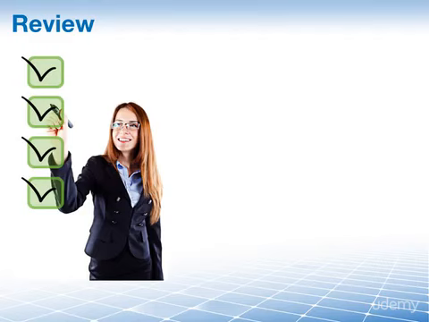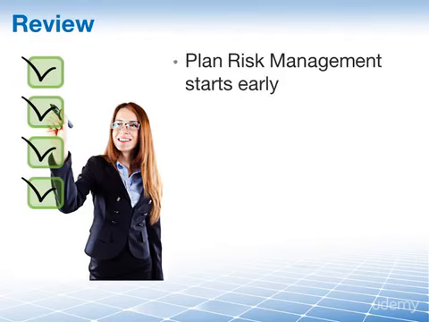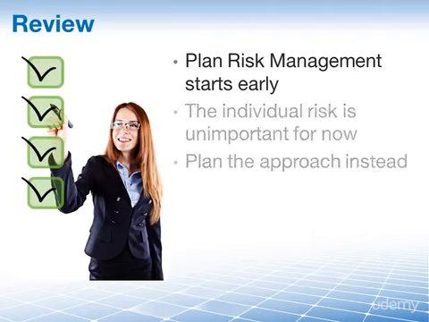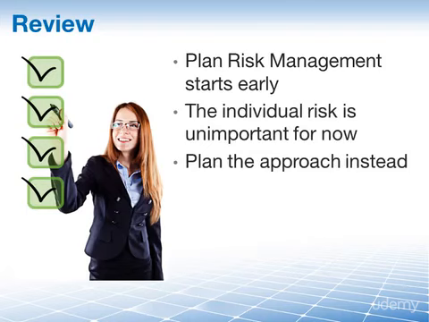Let's review. Plan risk management is a process that you start early on in your project. And at this stage, we're not really interested in planning and managing the actual individual risks. Instead, we are interested in planning how to approach and execute the risk management activities, the risk management processes on our project.